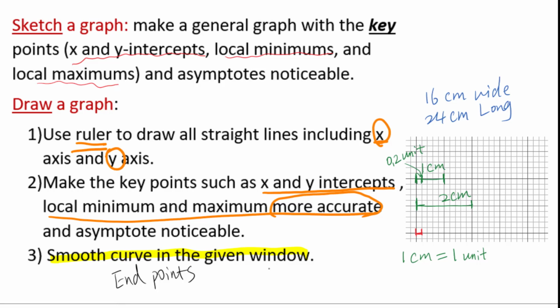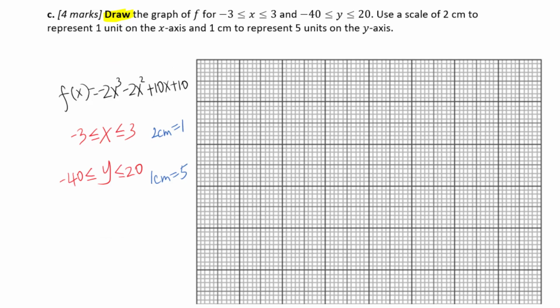For example, if x is greater than or equal to -2, less than or equal to 5, you need to figure out f of -2 and f of 5 so that you can find the endpoints. Now let's go back.